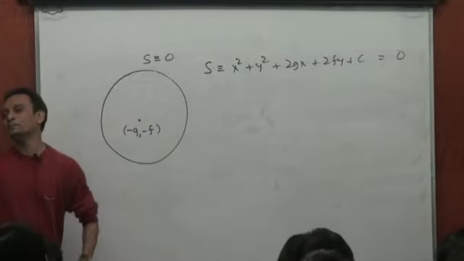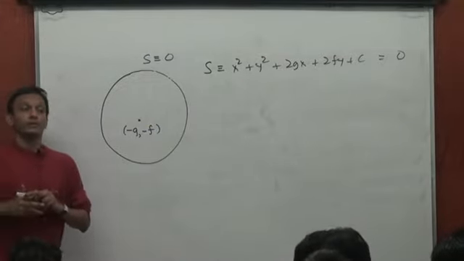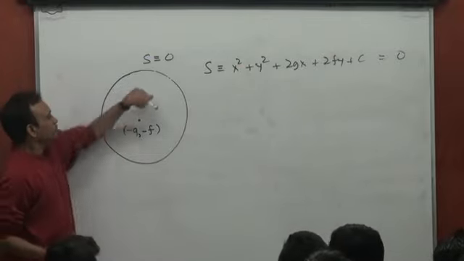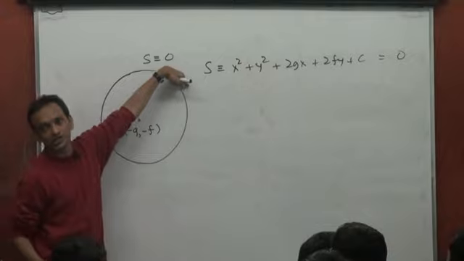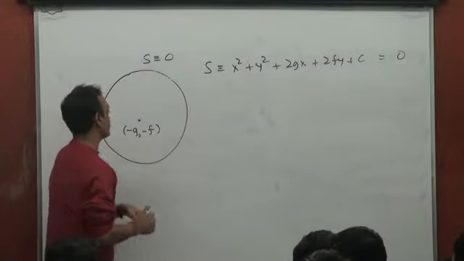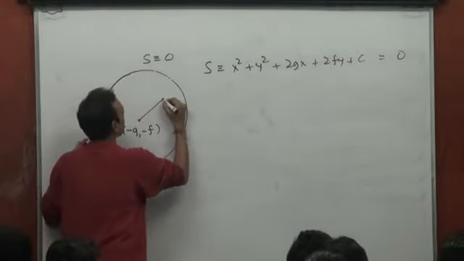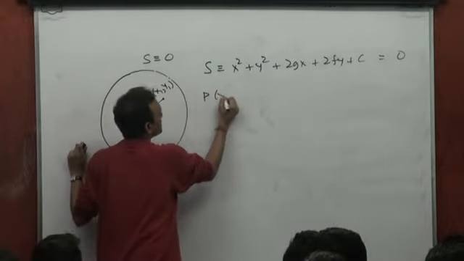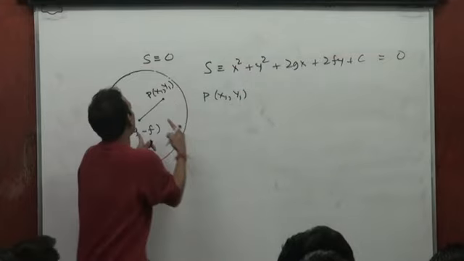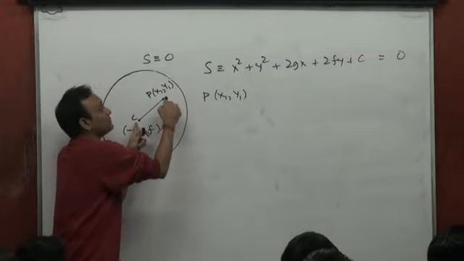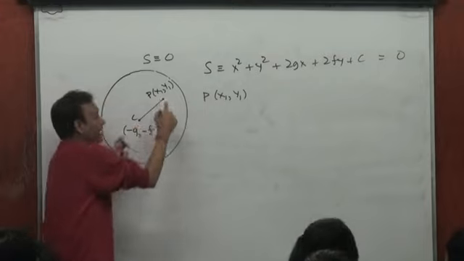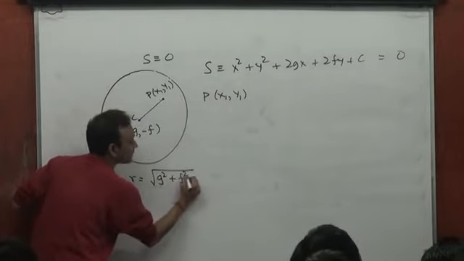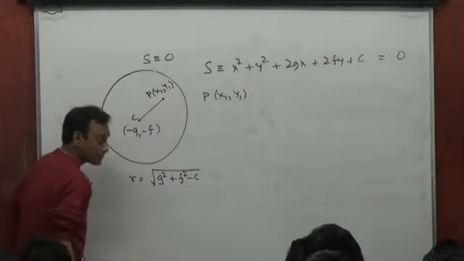Now, if there is a point P x1, y1, in the xy plane, it can have three possible locations. It could be inside the circle, it could be on the circle, or it could be outside the circle. Very clearly, if the point P is inside the circle, then the distance of P from the center must be less than the radius, right? So what's the radius of the circle? Radius of the circle is root g square plus f square minus c, right?